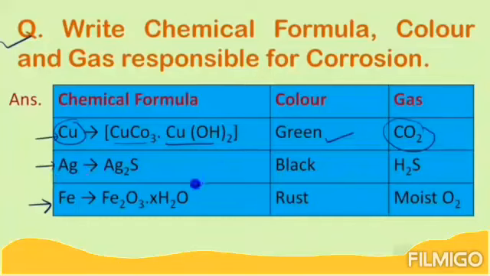Silver undergoes corrosion because of hydrogen sulfide gas present in the air and forms a black colored substance known as silver sulfide, Ag2S.